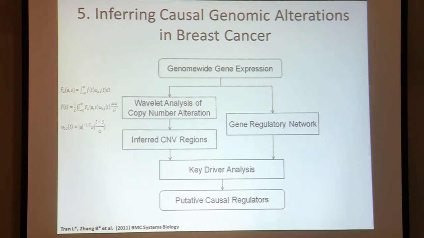So we try to infer the genomic alterations, like amplified and deleted regions in the human genome, which are associated with outcomes of cancer patients, good outcome and bad outcome.